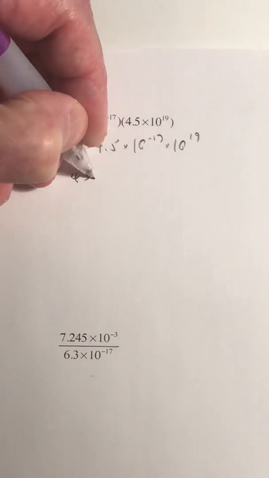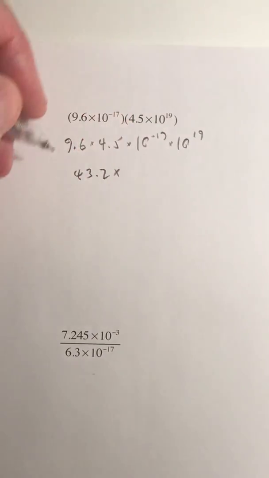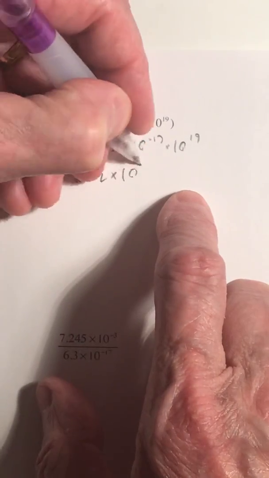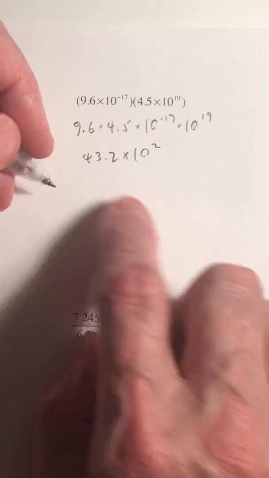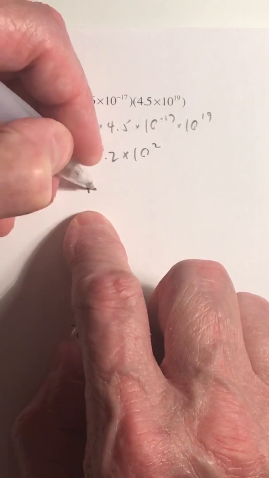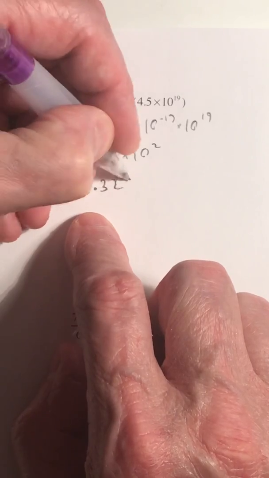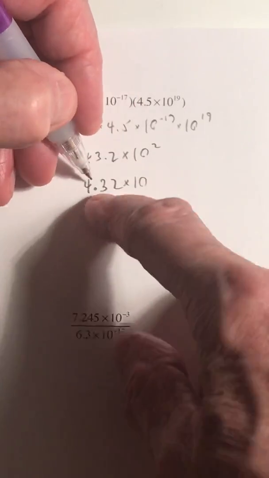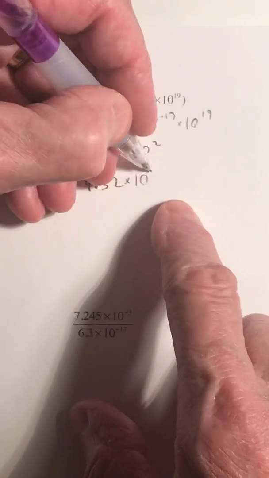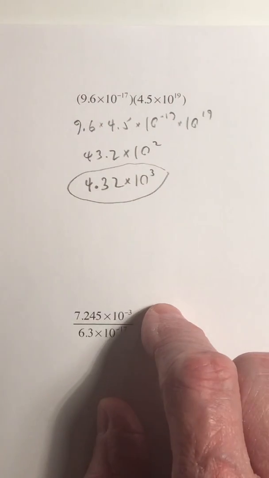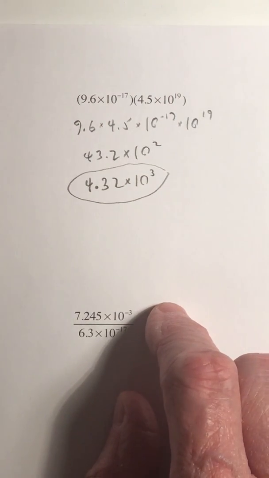We have 43.2 times 10 to the negative 17 plus 19 is 2. Okay, so it's 43.2 times 10 to the 2. But I want just a single digit in front of the point. So it used to have to go 2. I went backwards. Now it has to go 3 to the right. That's now fixed. Okay.